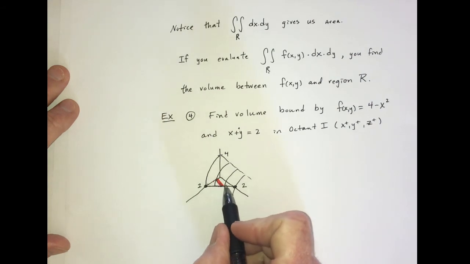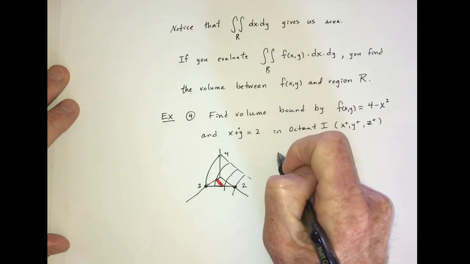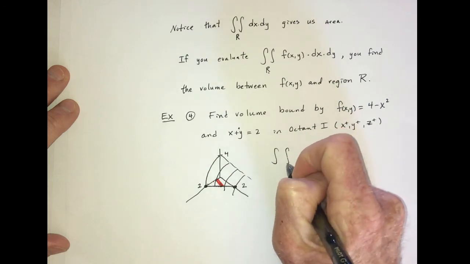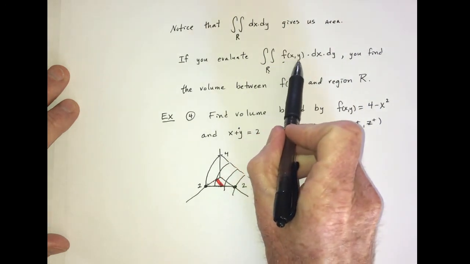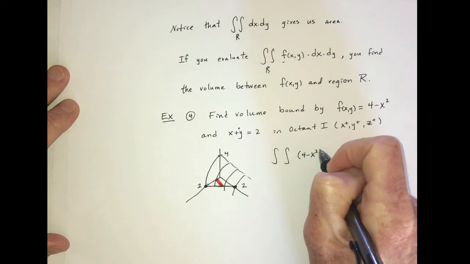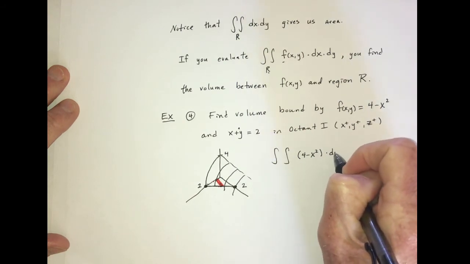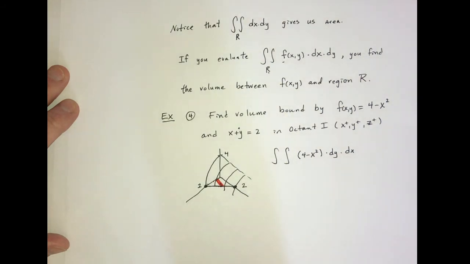And then this line is going the same direction as the y-axis, so that means we're going to do dy first. So you need to substitute in the function right there, so that's this part, 4 minus x squared. And then we're doing dy first, and then dx.